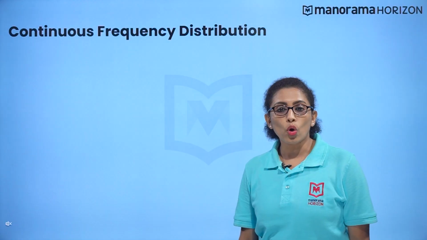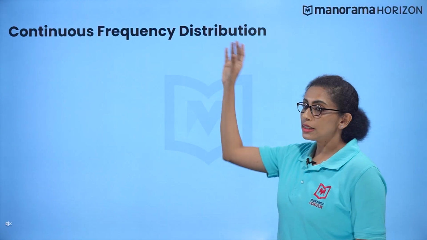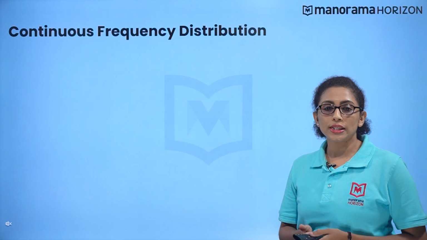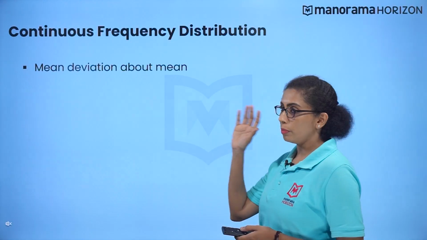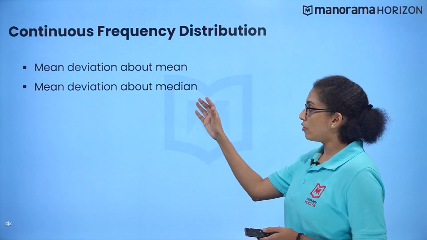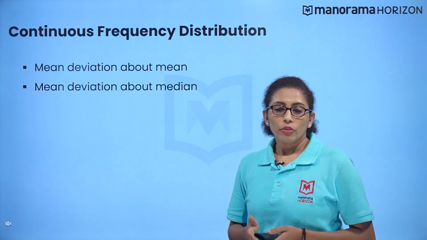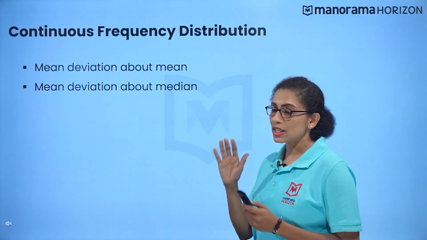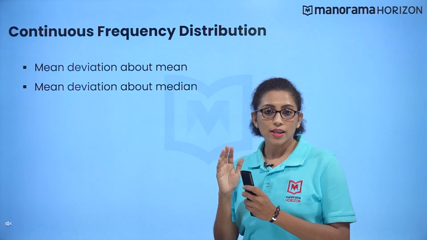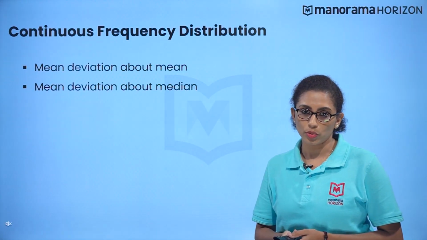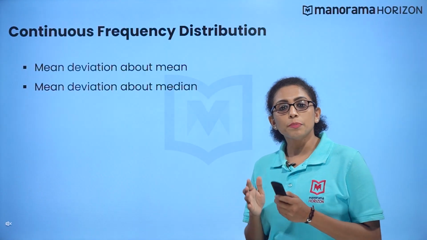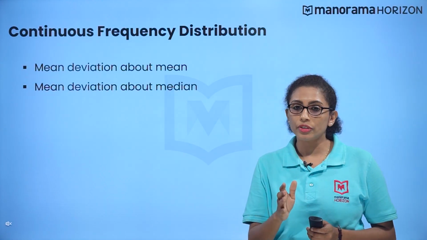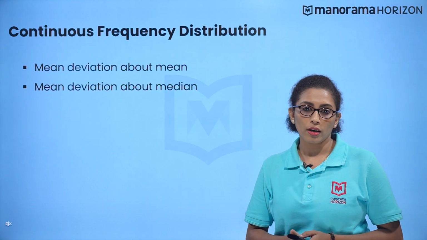Now, let's move on to discuss what a continuous frequency distribution is. Under this, we need to discuss mean deviation about mean and mean deviation about median. The formula and procedures remain the same for both cases as we did in the previous case, that is the discrete frequency distribution. If it is mean deviation about mean, find the mean wherever required, and if it is median, find the median.